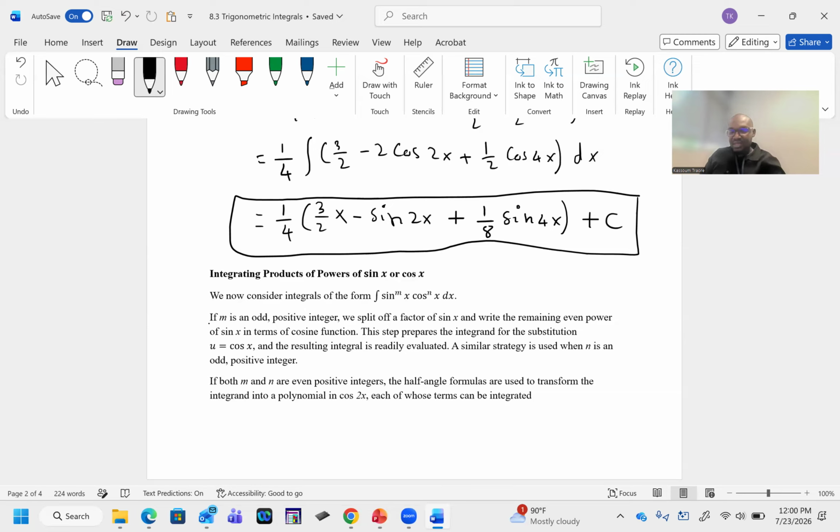A similar strategy is used when n is an odd positive integer. So either m is odd or n is odd, you can use this strategy.